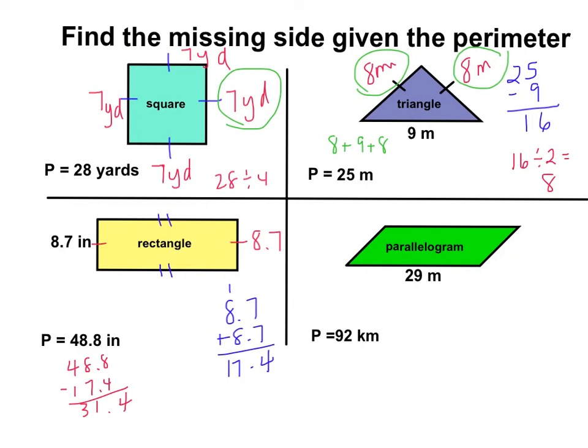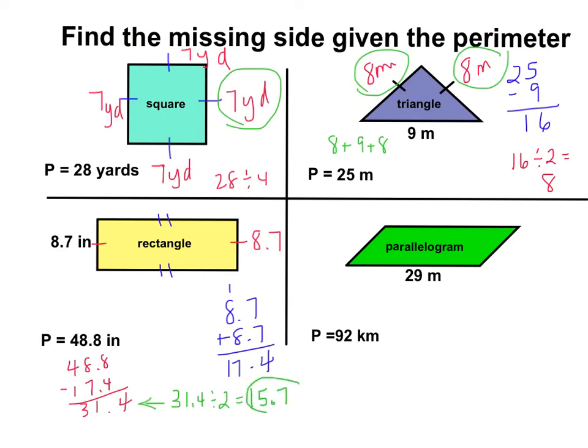Well, let me go ahead and erase this part right here, except it won't let me erase, so I'm not going to. So anyway, I'm going to take this, that gives me these two sides, so I'm going to divide that by 2. So I'm going to take 31.4 divided by 2, and that actually gives me 15.7.